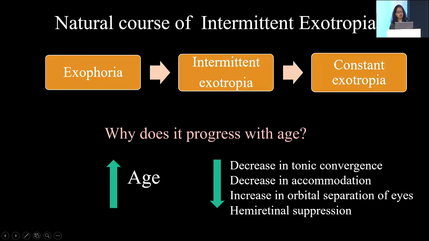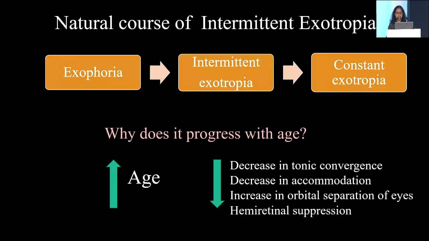So the natural history of intermittent exotropia goes from exophoria to intermittent exotropia to constant exotropia. It usually progresses with age because of decreased tonic convergence, decreased accommodative convergence, and with age there is an increase in orbital separation, and there is a peculiar hemiretinal suppression which occurs in these patients, which causes the patients not to appreciate the diplopia and then have refixation fusion movements.